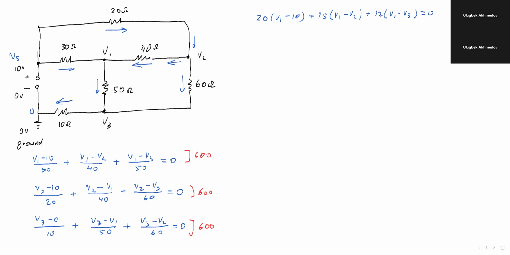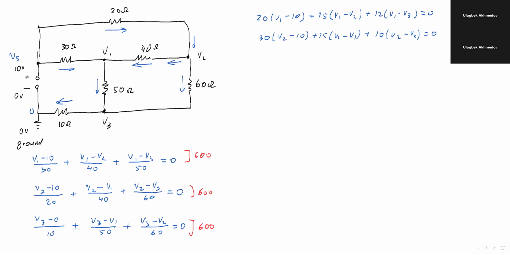The second equation will end up being 30 times (V2 minus 10) plus 15 times (V2 minus V1) plus 10 times (V2 minus V3) equals 0.